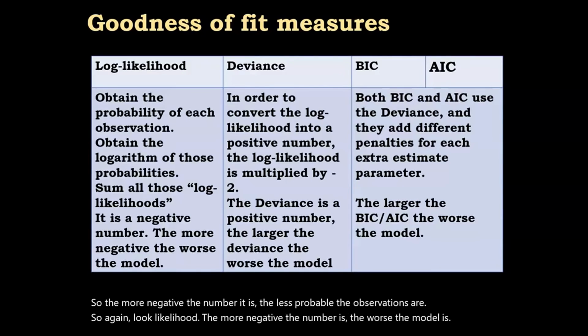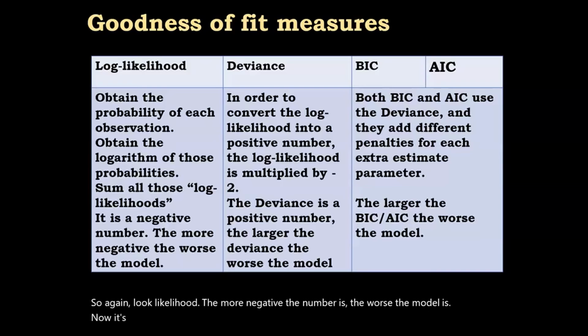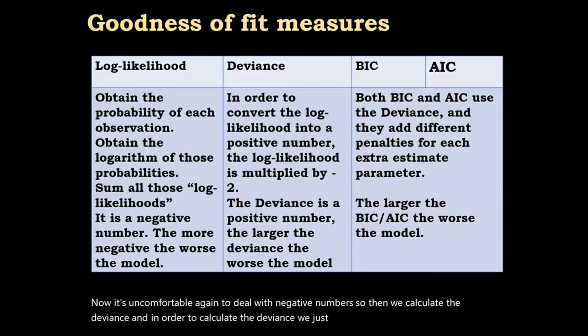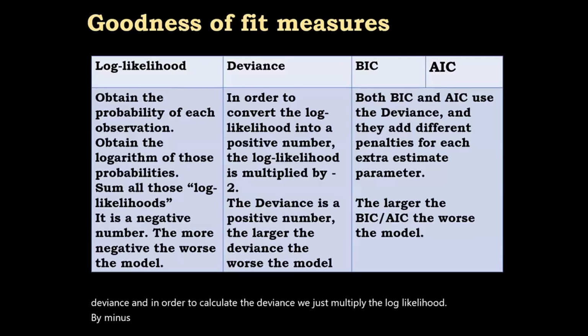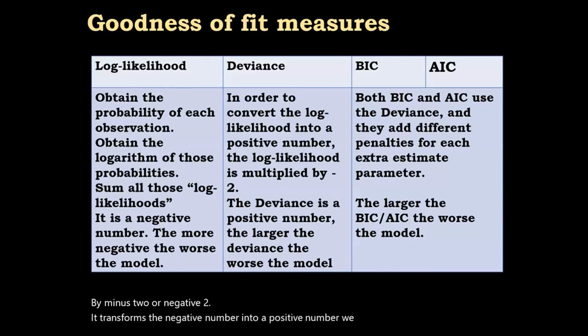Now it's uncomfortable again to deal with negative numbers, so then we calculate the deviance. And in order to calculate the deviance, we just multiply the log likelihood by -2. What it does is it transforms the negative number into a positive number because we are multiplying two negative numbers, and then it doubles in value.